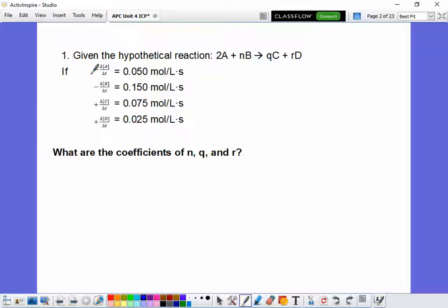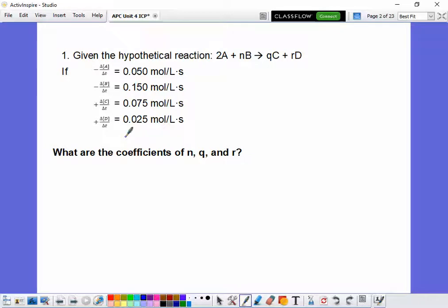If I have a flask, maybe a volumetric flask, and I have A and B in that flask, their amounts are going to decrease over time as C and D are formed. So that's why we had to have a negative in front of reactants, because the change in concentration for reactants will always be negative, because you're always ending at a smaller number than where you started. So we then have to put a negative in front of that to keep our actual value positive.